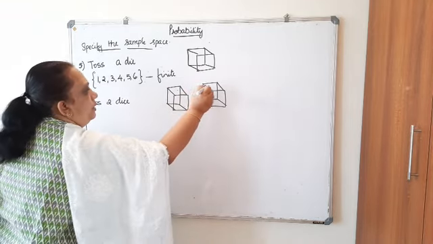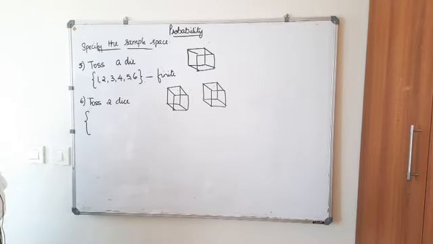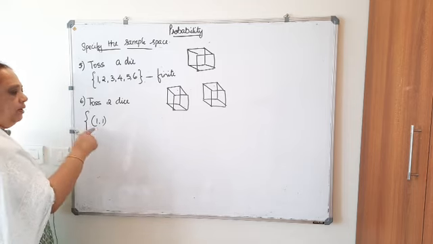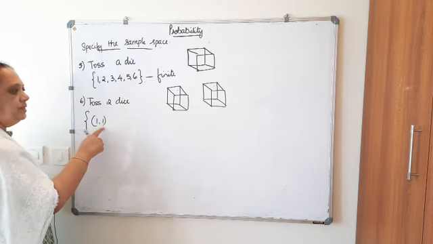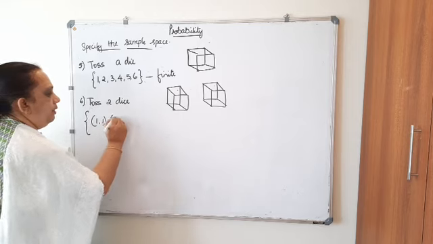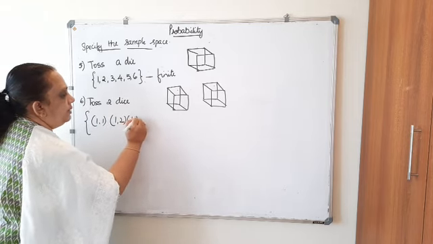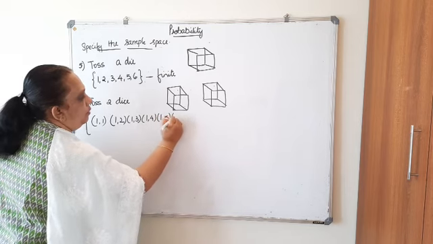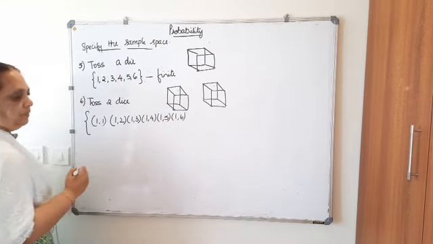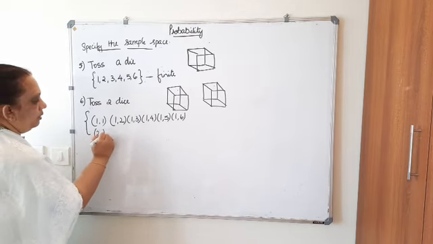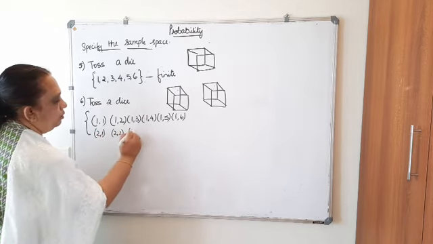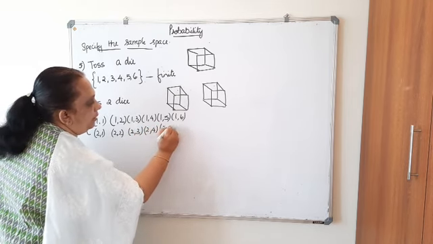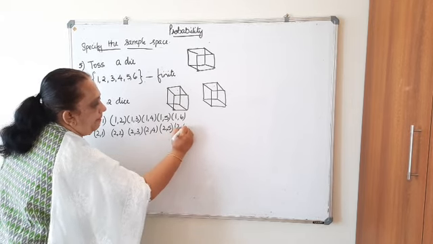The top portion can show 1 1: 1 on one die, 1 on the other die. It can be 1 2, 1 3, 1 4, 1 5, 1 6. Or it can be 2 1, 2 2, 2 3, 2 4, 2 5, 2 6.